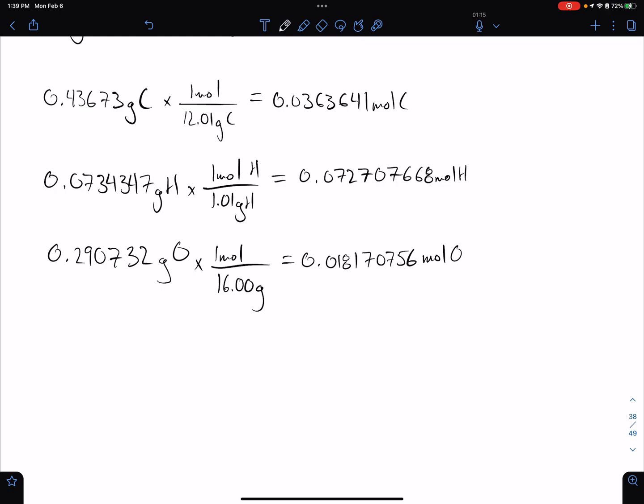Okay, so now we look at these and we pick the smallest one, which is the moles of oxygen, and we divide everything by that. So that one's going to be 1. So there's 1 oxygen.